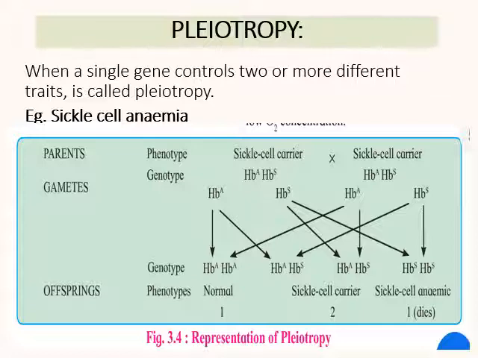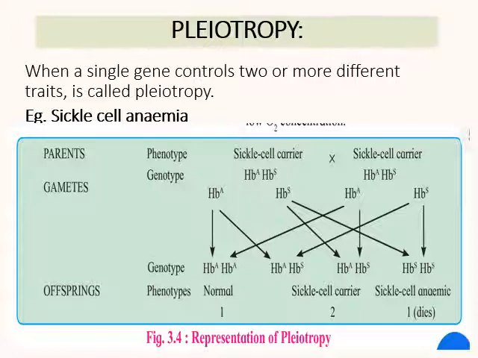So 50% of the sperms contain HbA and HbS alleles, while 50% of the eggs contain HbA and HbS alleles. So here, after the process of fertilization, offspring obtained are of different types like normal, sickle cell carrier and sickle cell anemic.